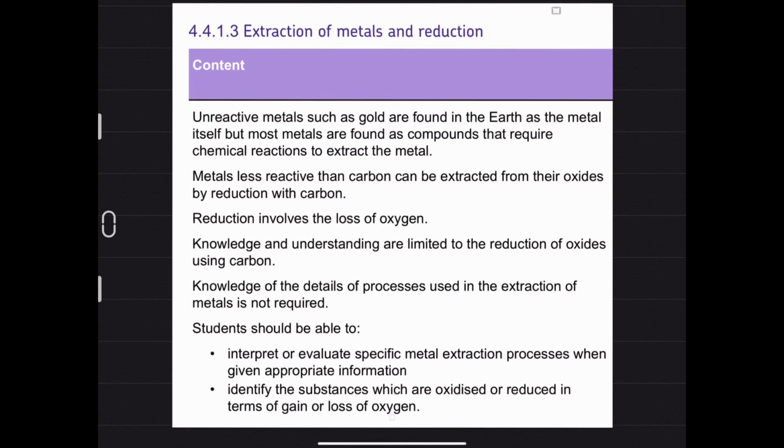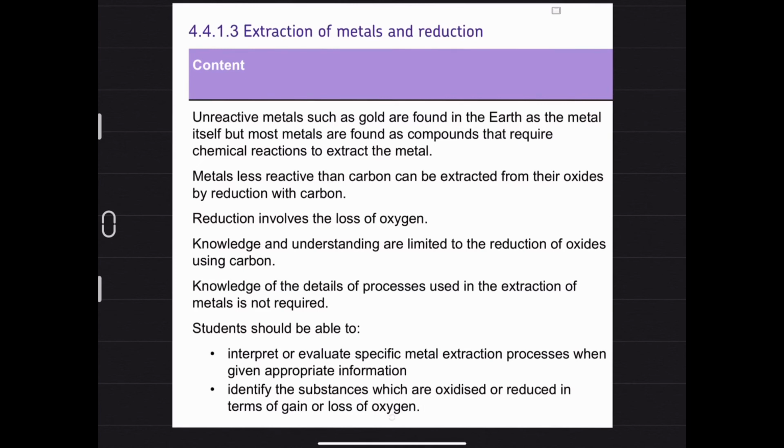The last point that was made was that the loss of oxygen is known as chemical reduction, i.e. reduction. Now, knowledge and understanding are limited to the reduction of oxides using carbon. We've looked at that. And knowledge of the details of processes used in the extraction of metals are not required. So this is important.